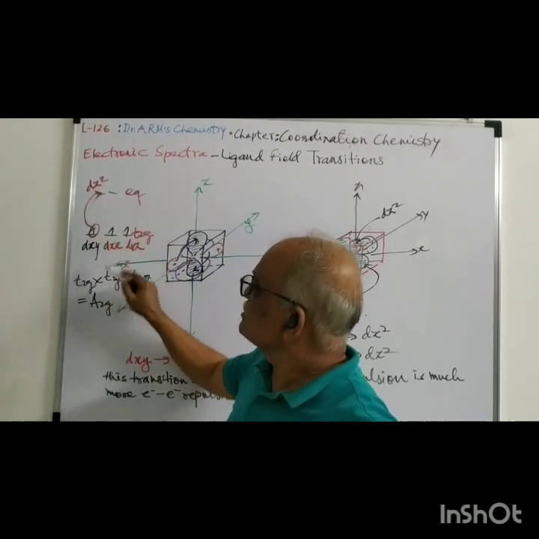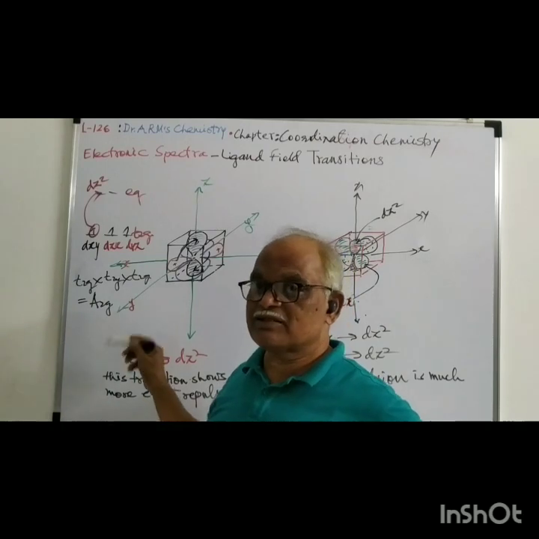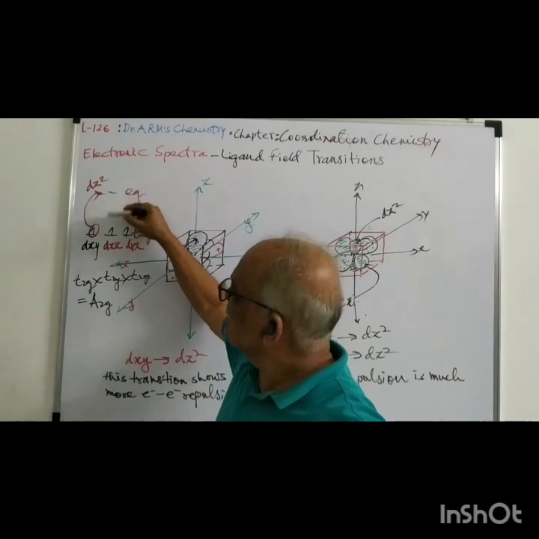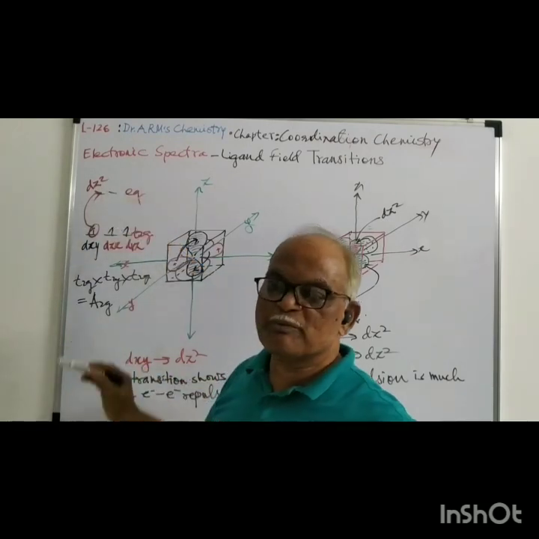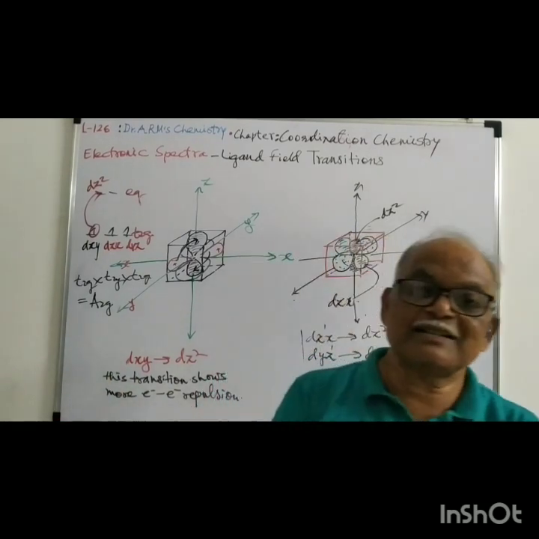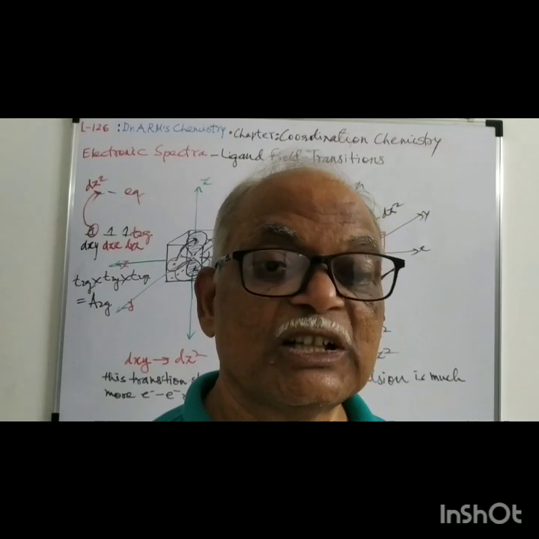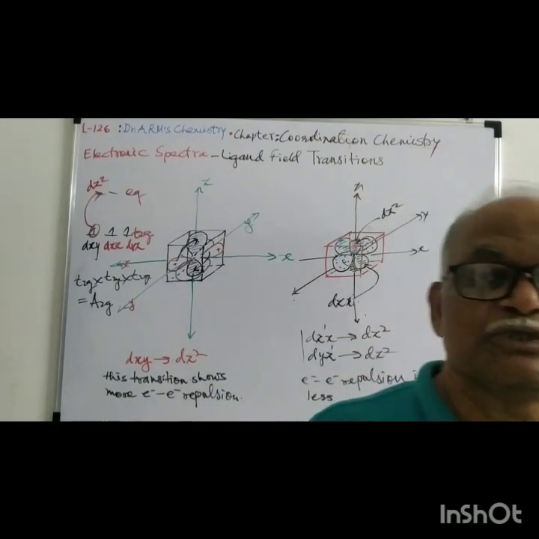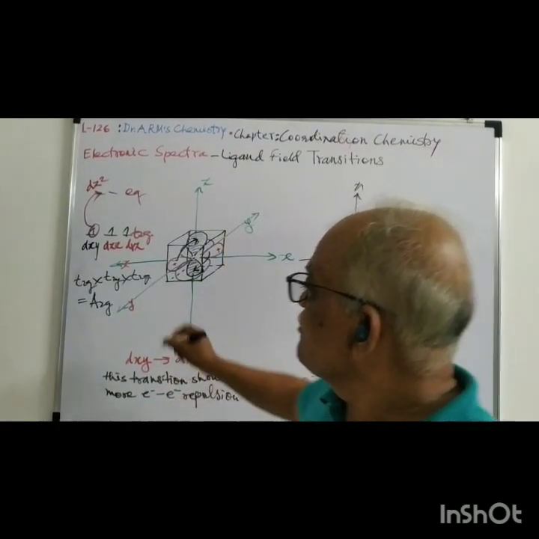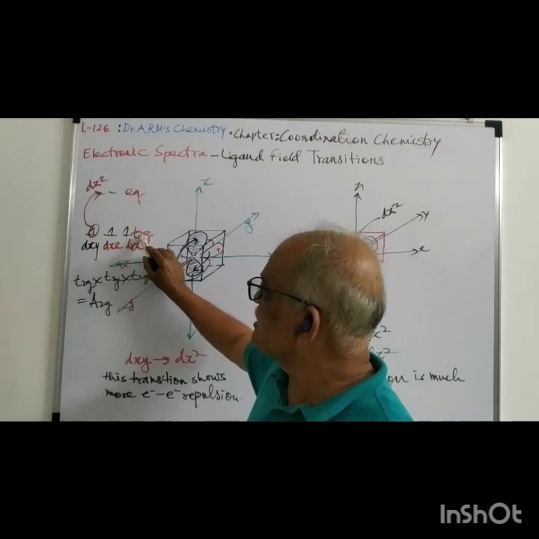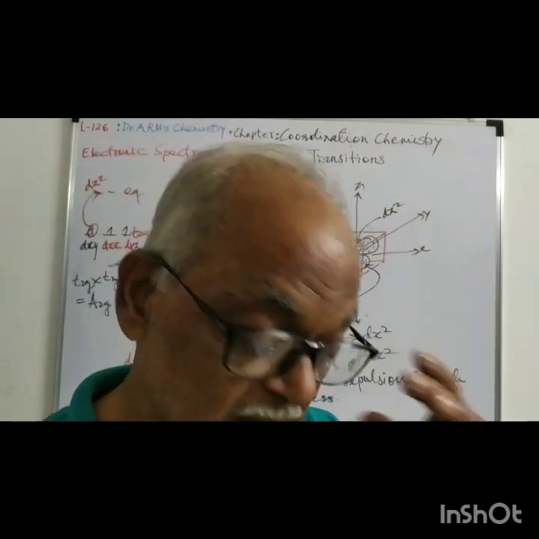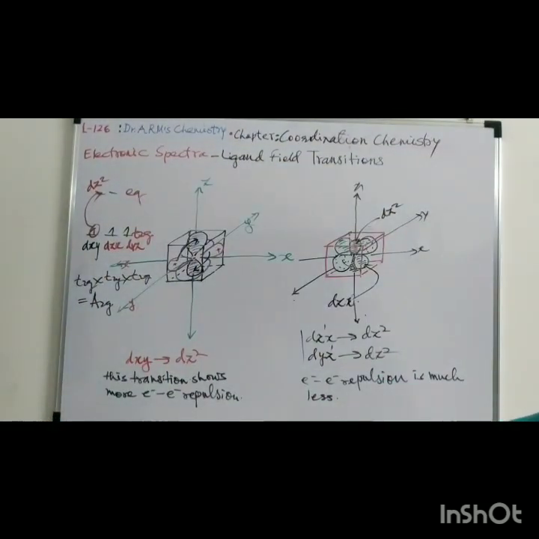So it gives the quartet, meaning quartet spin multiplicity. But if the electron comes here with opposite spin, the spin multiplicity comes back to doublet, and such a transition, which shows a change in multiplicity from quartet to doublet, is not allowed. It is called a spin forbidden transition.